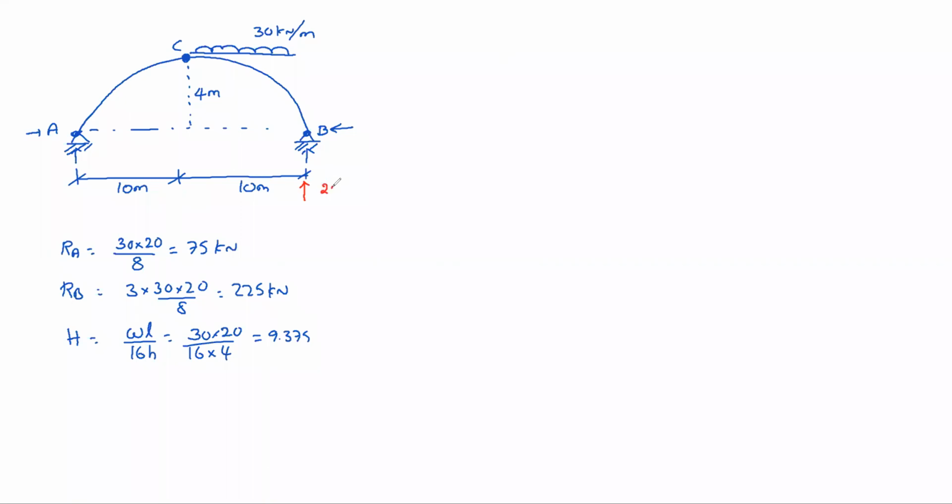RB 225, RA 75, H 9.375. Suppose the point of contraflexure is in AC. Point of contraflexure means bending moment must be 0.